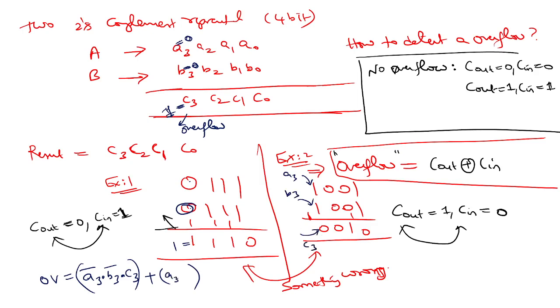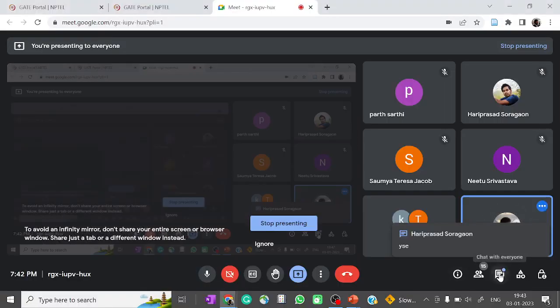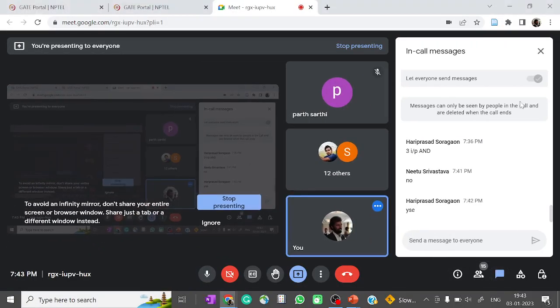That means A3, B3, C3 complement. This will also give you overflow. Did you guys understand this or not? Quick, guys. You need to respond fast, okay?